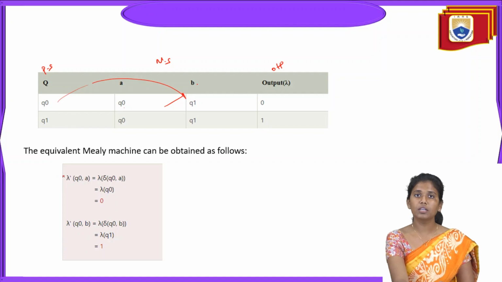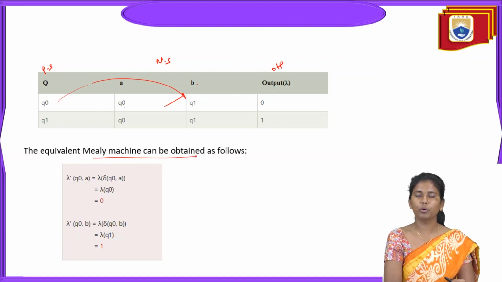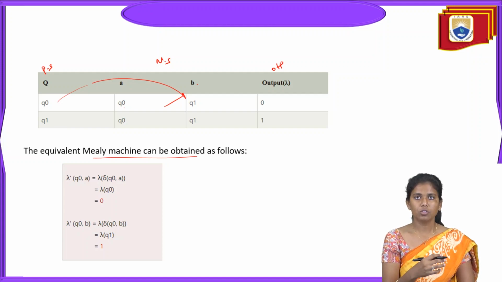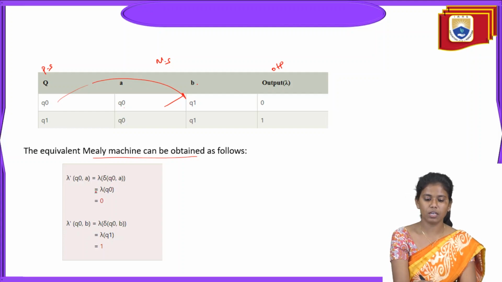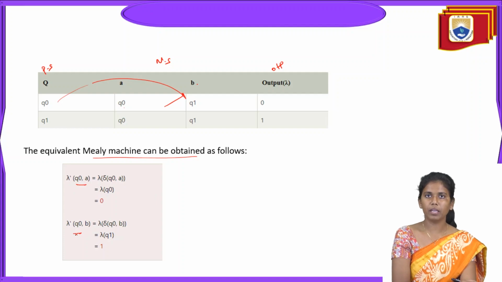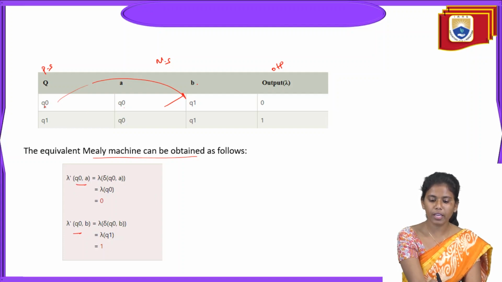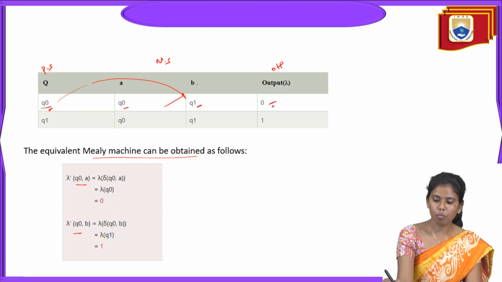Now the equivalent Mealy machine can be obtained as follows. Here we are converting the Moore to Mealy, so we will obtain the Mealy equivalent. The observations are like this. With respect to Q0, delta(Q0, A) is 0 and delta(Q0, B) is 1.